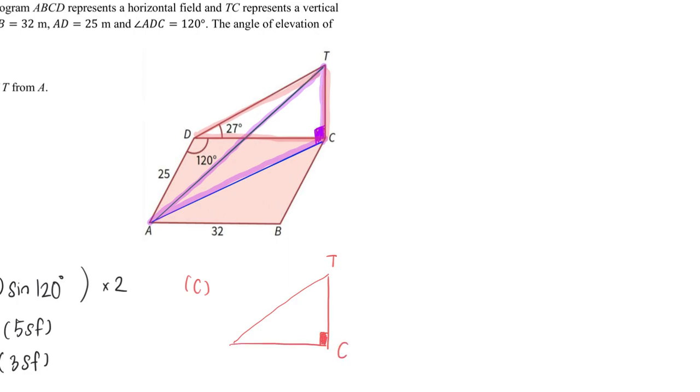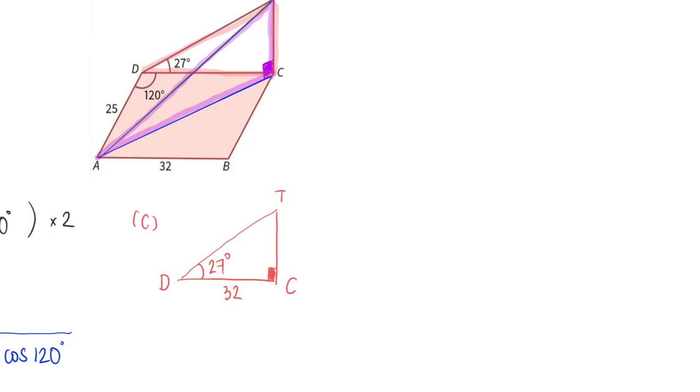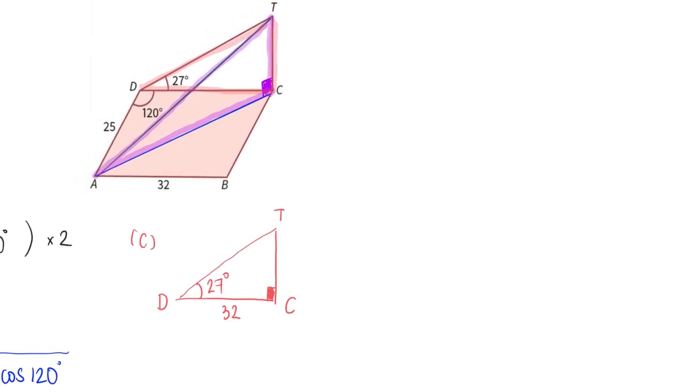That will allow me to find my TC. How? CD and AB are the same in a parallelogram, 32. So step 1, I do need to know what my TC is.